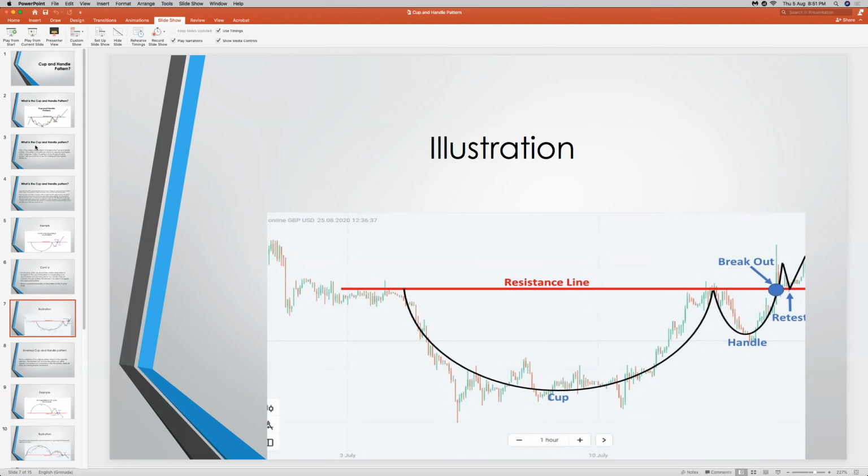Now that we have done the cup and handle pattern, I can guarantee you that once you throw up a support or resistance line, those patterns are going to come jumping out at you.